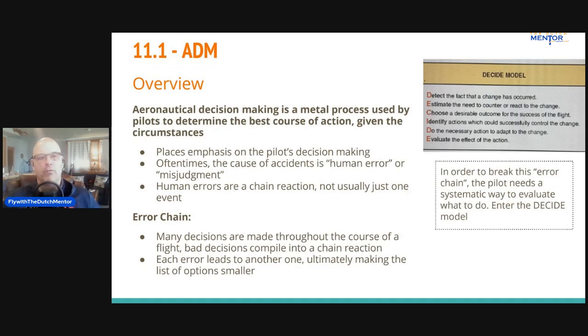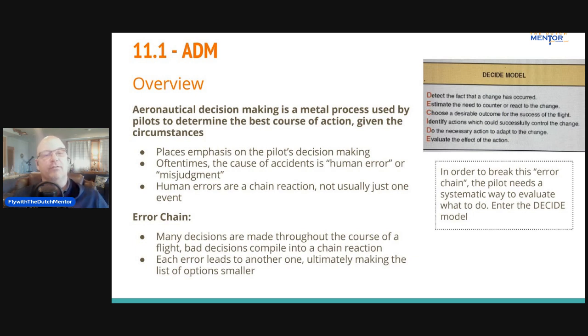So the overview here is that we're going to be using the PAVE model. And to support that, we have this little acronym called the DECIDE model, right? We want to detect the fact that a change has occurred. We want to estimate the need to counter that. We need to choose a desirable outcome.